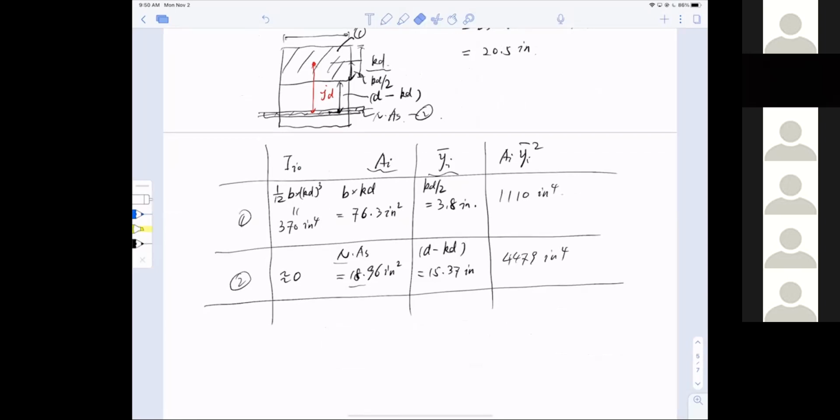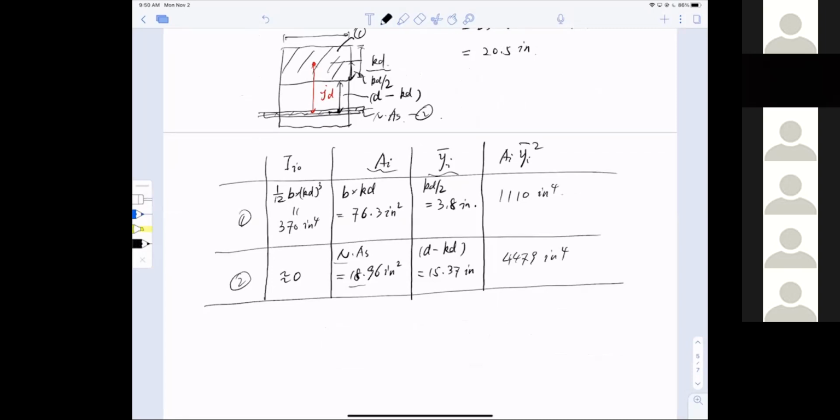That's it. Okay, so redraw these lines to flush it, and here, and here, and here, and here. All right, so to sum them up, I still need to sum them up, right? So I need to sum this one over here. You shouldn't use this, you just use Igt. And be careful, since this is cracked elastic, I'm going to say this is Icr, cracked elastic.